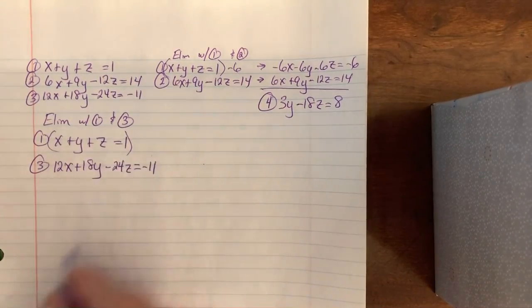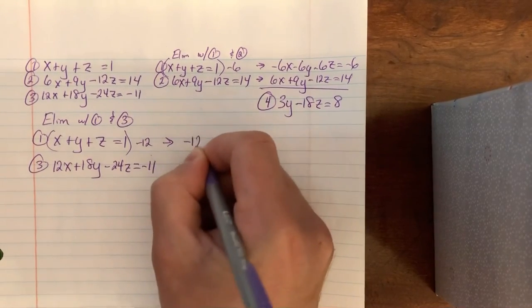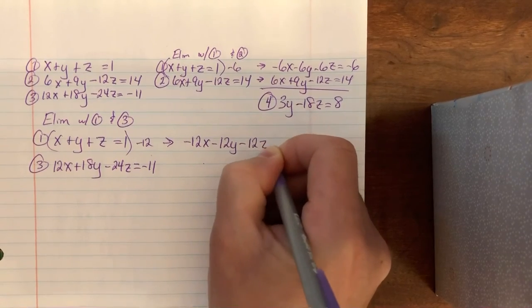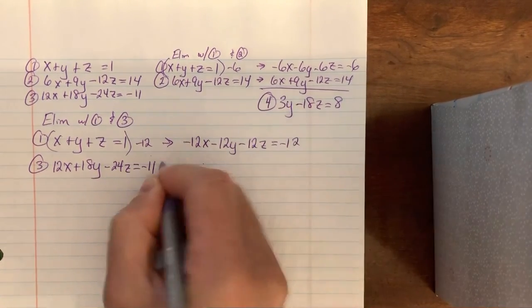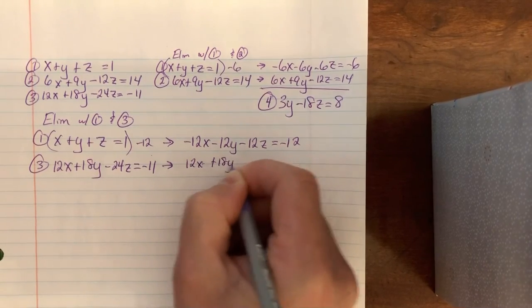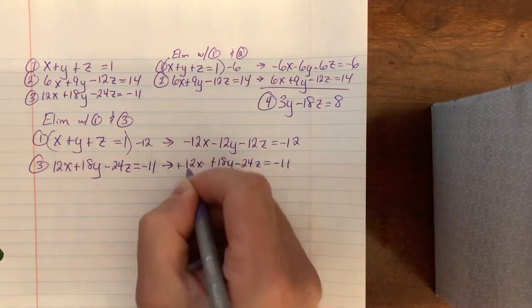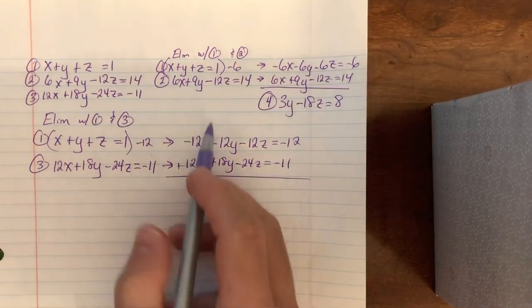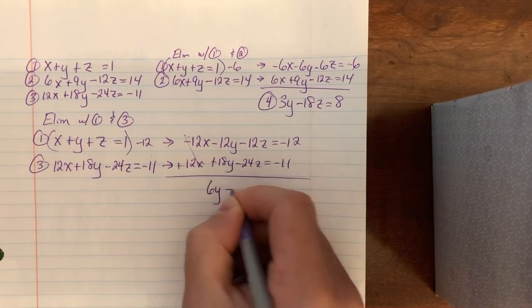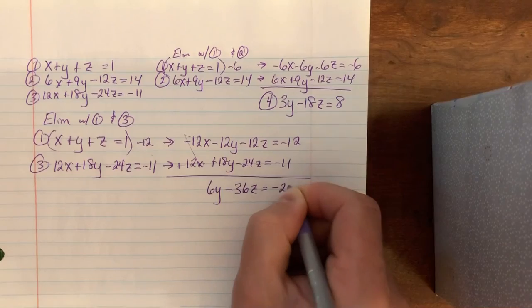I'm going to multiply the first equation to get rid of x by negative 12. My second equation, I don't need to do anything to. When I add these equations together, the x's cancel out. We'd have 6y minus 36z equals negative 23.